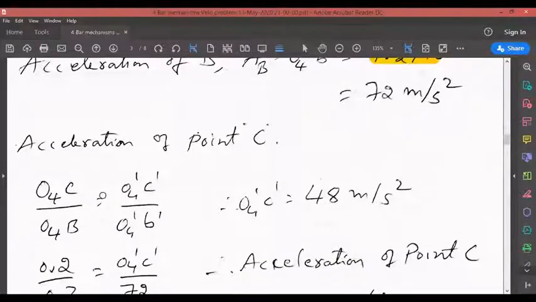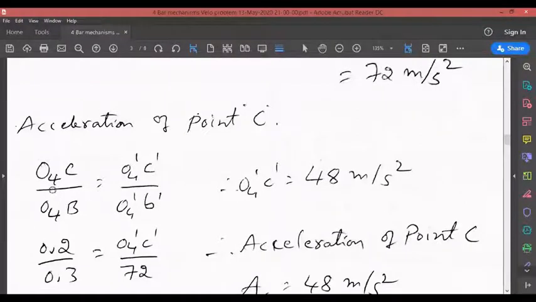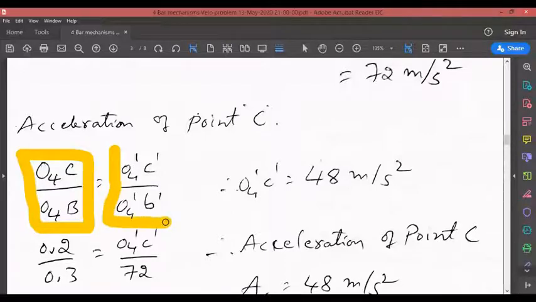Now let us take the corresponding sides ratio. So O4C divided by O4B, this is from the configuration diagram. And in the corresponding acceleration diagram, O4 dash C dash divided by O4 dash B dash. If we take the link length O4B, it is 0.3, and we came to know that the acceleration of B with respect to fixed is 72 meters per second square.